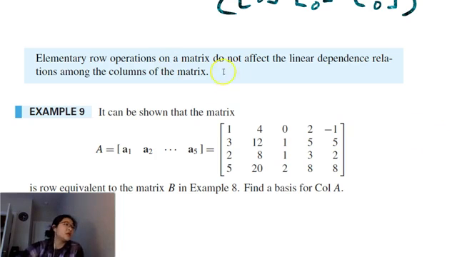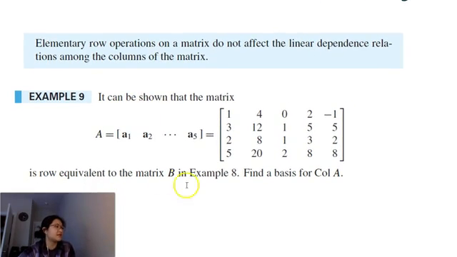Elementary row ops on a matrix don't affect the linear dependence relations among the columns. So, if we're doing row reduction, or if we're given that 2 matrices are row equivalent, then there's things that we can say about those in terms of the linear dependence relations not being changed.